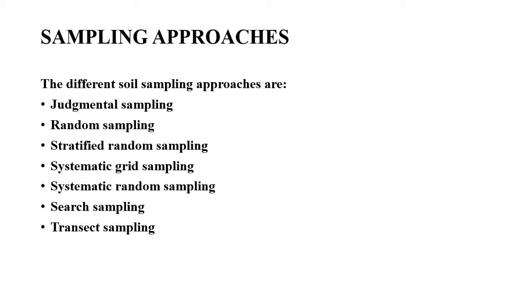Okay, so there are different sampling approaches or sampling methods by which we can do the sampling procedure in the contaminated land. The different sampling approaches are judgmental sampling, random sampling, stratified random sampling, systematic grid sampling, systematic random sampling, search sampling, and transect sampling. So one by one we will see.